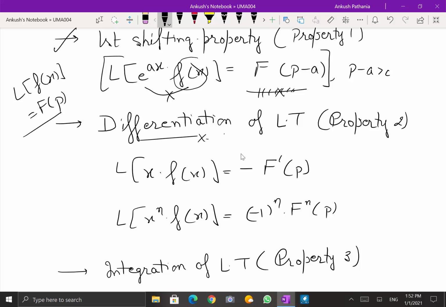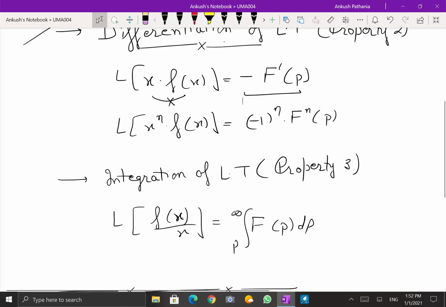After this, the second property was differentiation of Laplace transform, in which f(x) is multiplied by x. In that case, you get the Laplace transform as minus the first derivative of F(p), where F(p) is the Laplace of f(x). In general, this property says that Laplace of x raised to power n times f(x) is minus 1 raised to power n times the nth derivative of F(p).